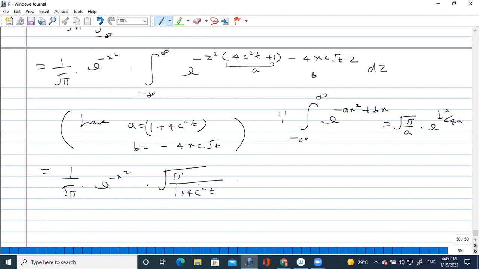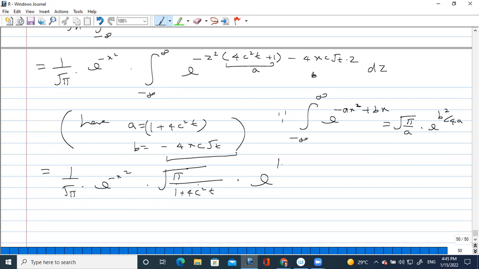This is under root pi by a into e to the power b square. What is b square? Now you can take the whole square of this. So that will be, b is 4xc under root t.